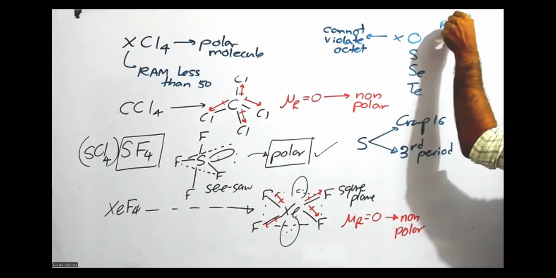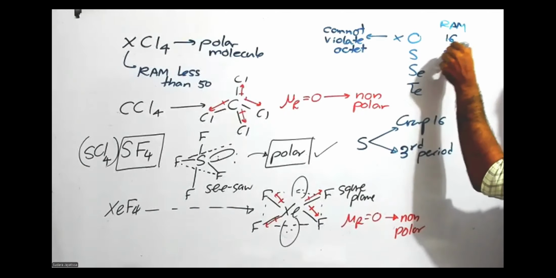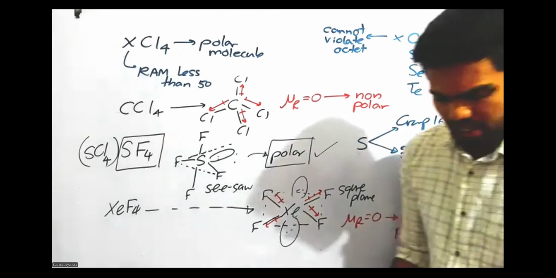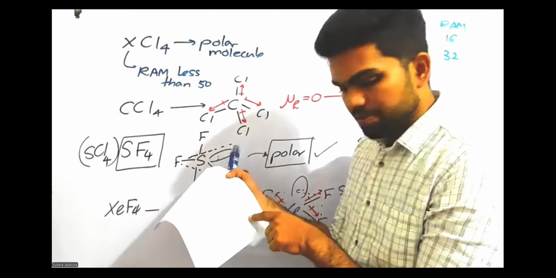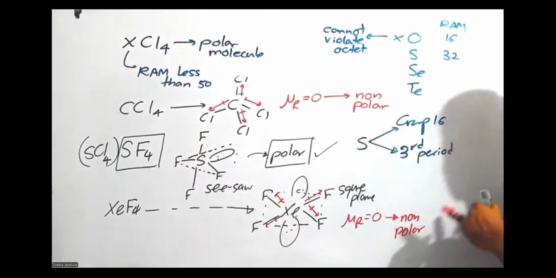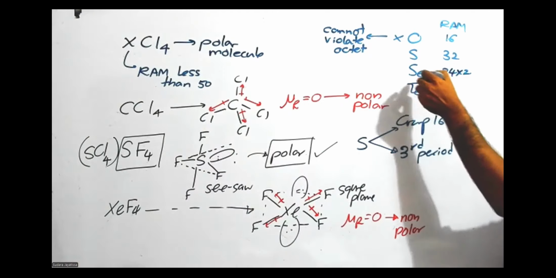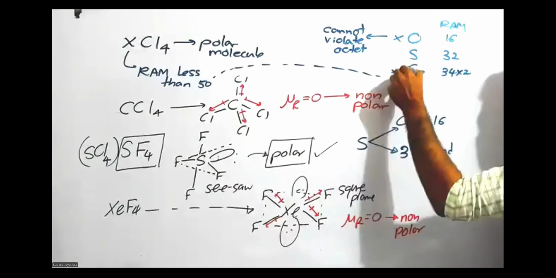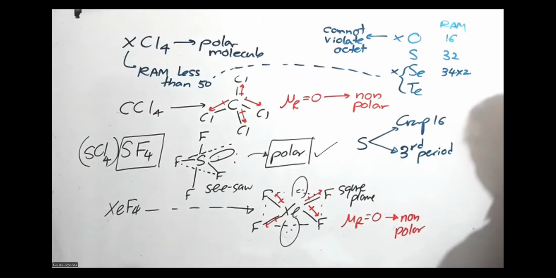Let's write the relative atomic masses too. The relative atomic mass of oxygen is 16 and sulfur is 32. For selenium, we can go to the periodic table, which is there in our paper. Selenium's atomic number is 34, so its relative atomic mass should be at least greater than 2 times 34. So selenium and tellurium are also not going to be the answer because of this condition; their relative atomic masses are higher than 50.